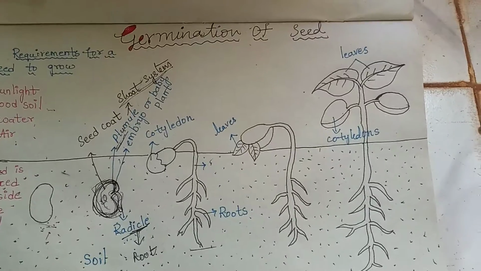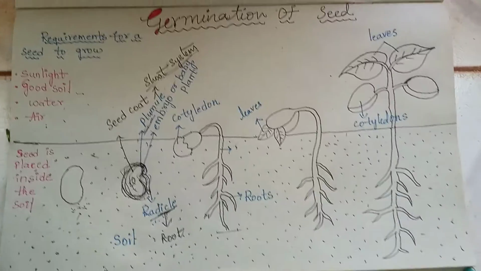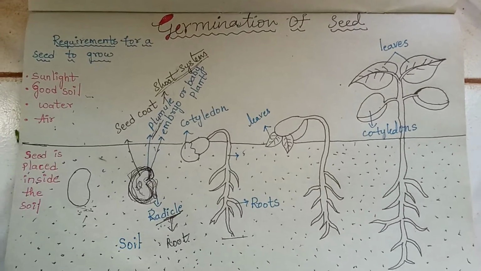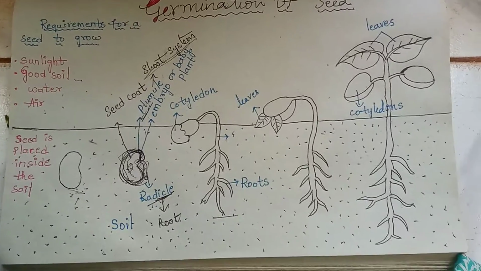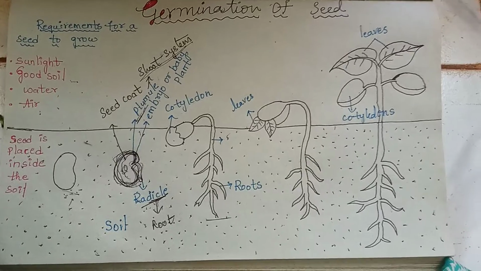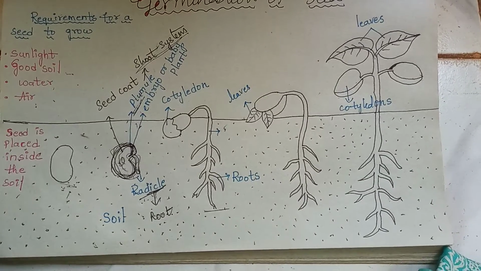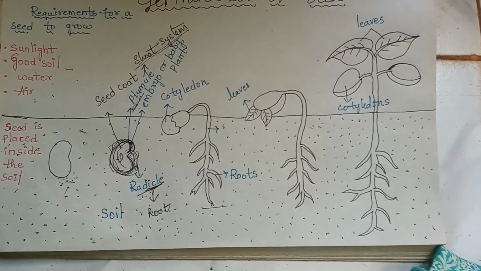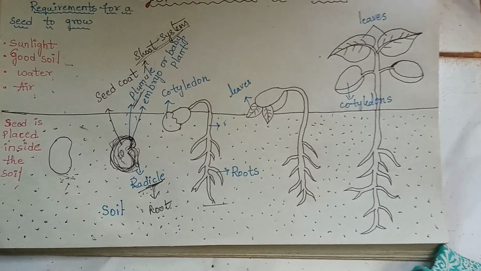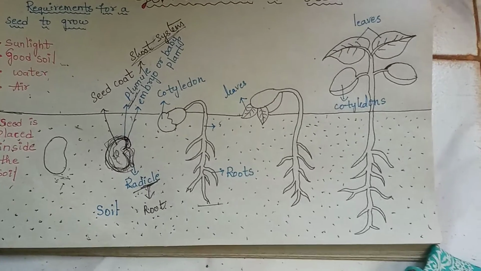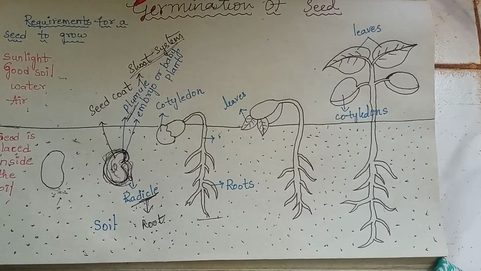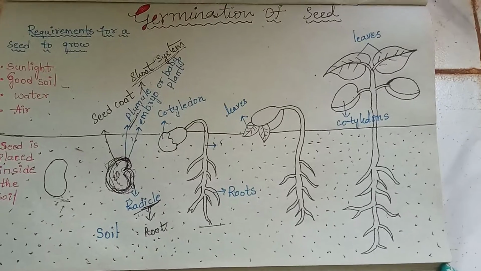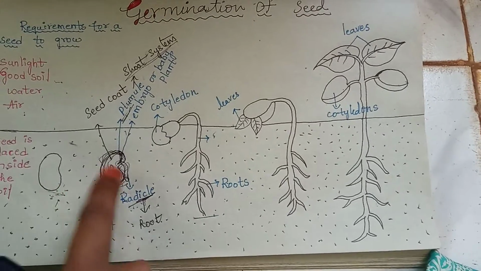If there is high temperature, or if there is no warmth when the seed requires it, the seed cannot develop into a new plant. So when the temperature is too high or low, the seed coat protects the seed and helps it grow into a new plant.